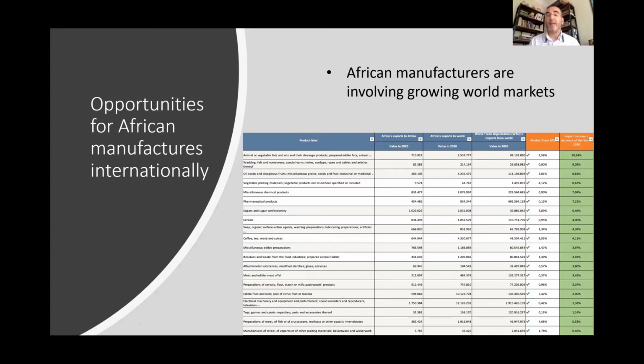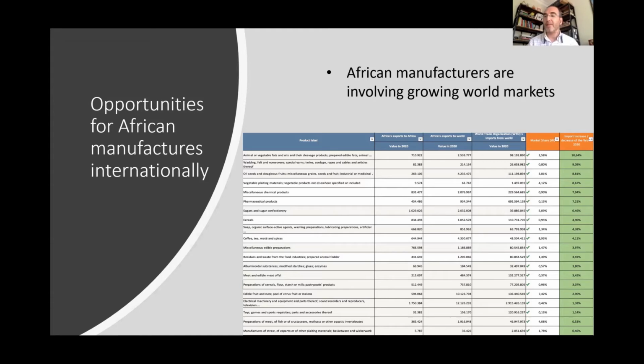And many companies would import some products from other countries, and I have analyzed them, and I saw that for the African manufacturers, for the African countries, these sectors, these products are already exported products.